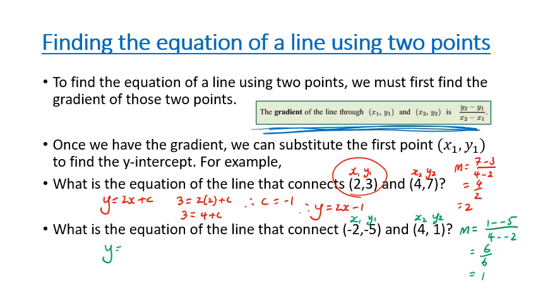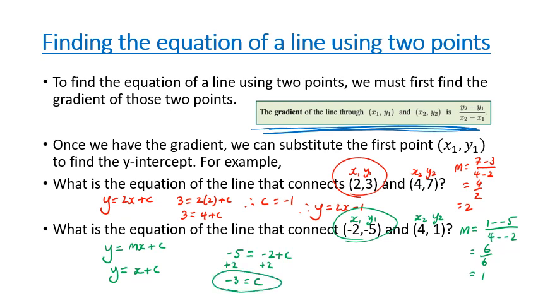So then I have y equals mx plus c, where m is 1, so this just becomes y equals x plus c. I can substitute a value in, and I end up with -5 equaling -2 plus c. If I add 2 to both sides, that gives me -3 equaling c. Therefore, my equation is y equals x, take 3.